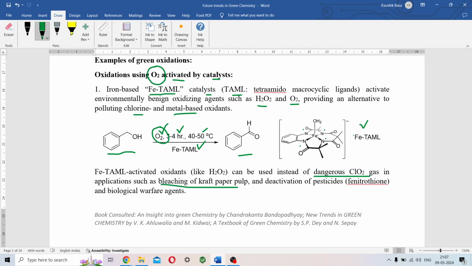Nowadays iron TAML mediated or catalyzed oxygen mediated oxidations are pretty commonplace in those sectors, and also for the deactivation of certain pesticides and other biological warfare agents. So when you discover a stockpile of such a pesticide or an agent, you need to dispose of them, you need to oxidize them. For that oxidation purpose, you can use this iron TAML mediated oxidation.